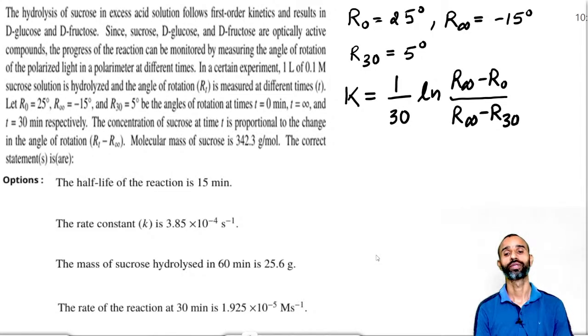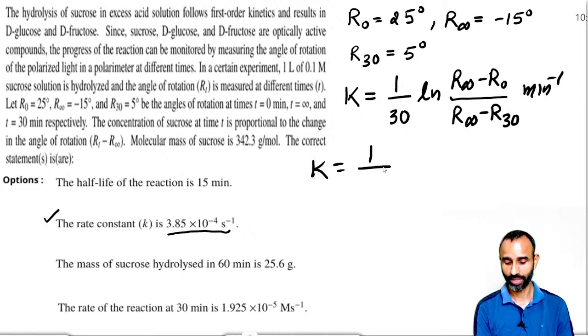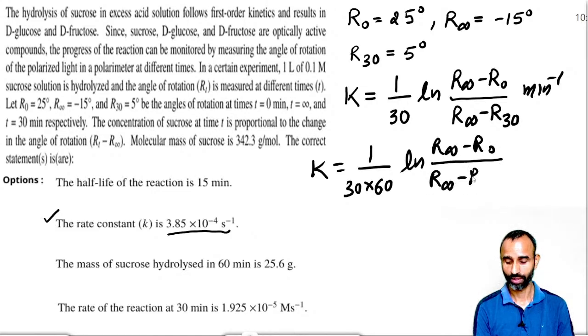Let's first calculate K. But keep in mind the rate constant is given per second, while the time we have is in minutes. So to calculate it in per second, we will multiply the time by 60. Calculating in per second, it is 1 upon 30 into 60 natural log of R infinity minus R naught divided by R infinity minus R 30.